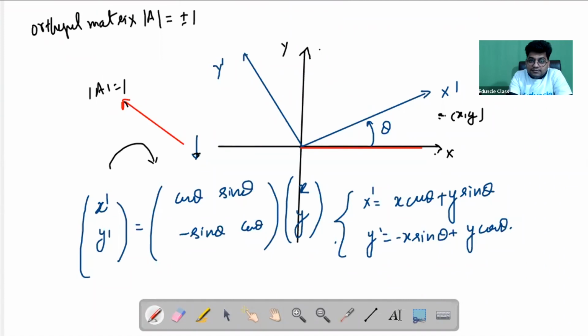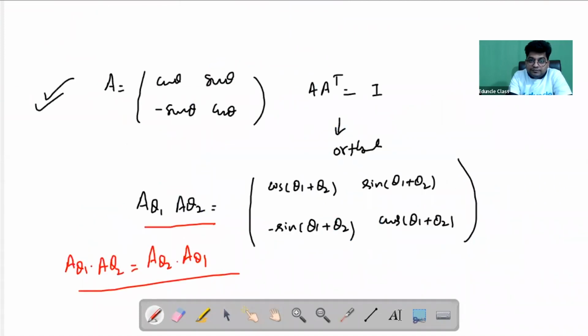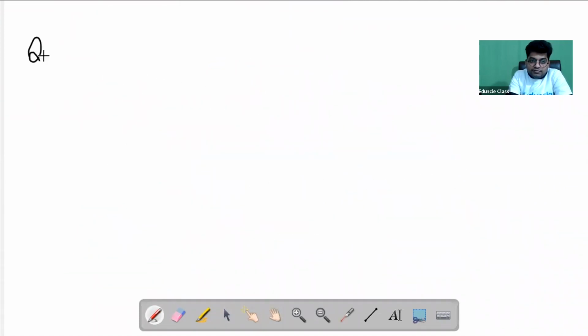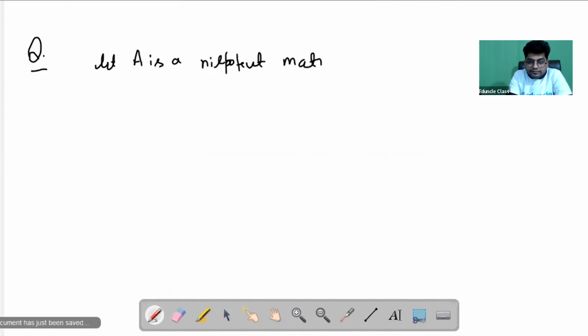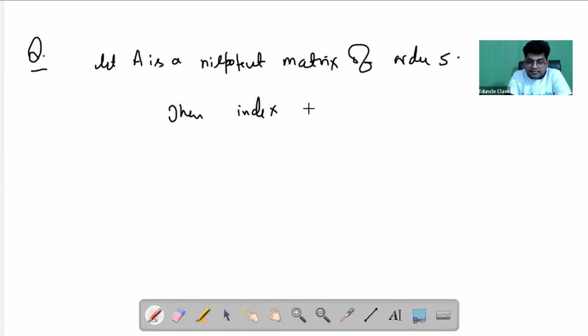This is one of the wonderful problems. If somebody asks a very good question, like let A be a nilpotent matrix of order 5. Then the index is less than or equal to 5. Yes or no?